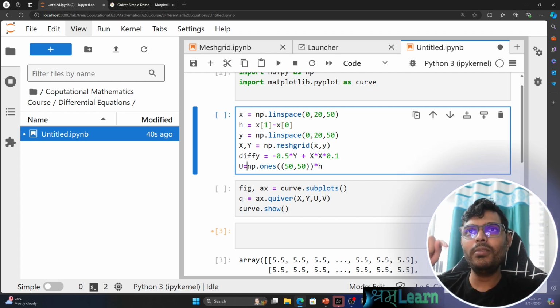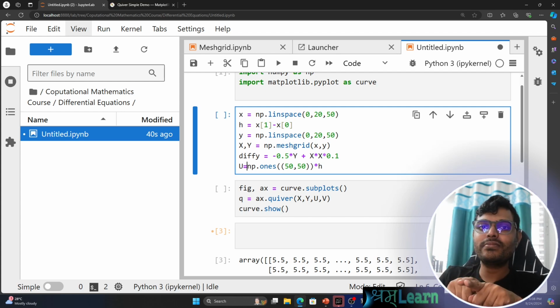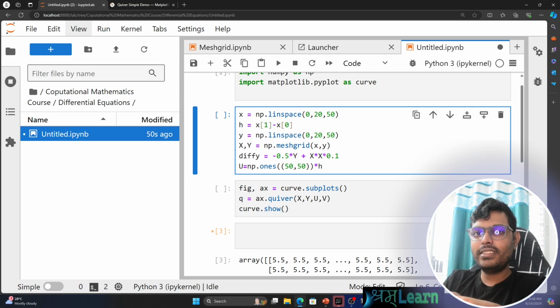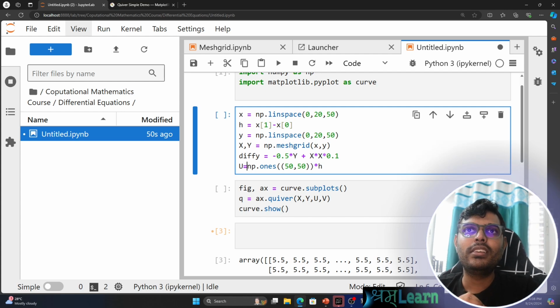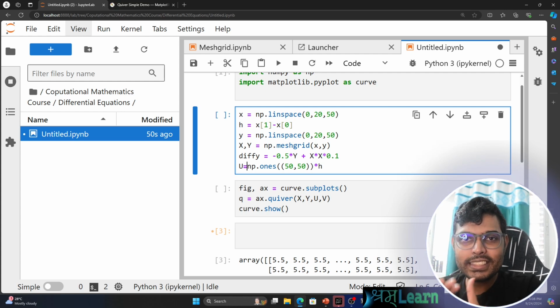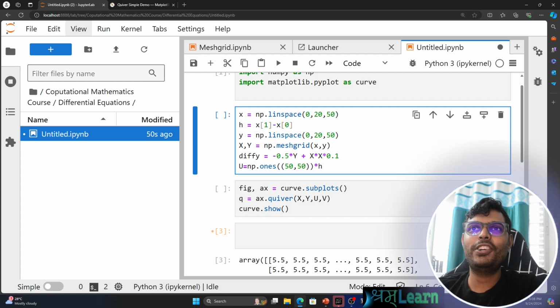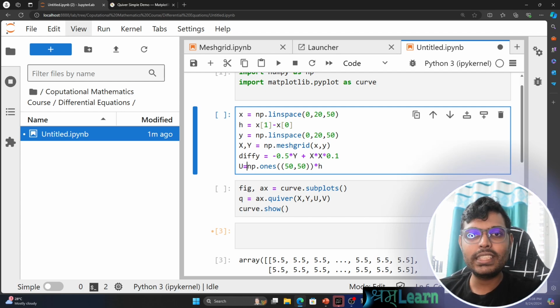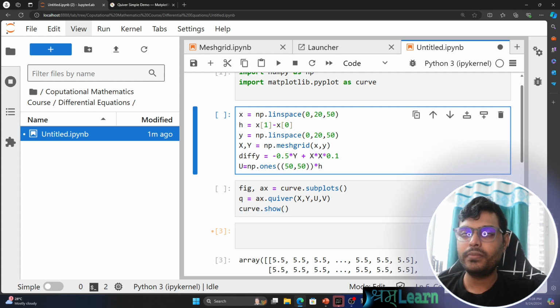So for all points we have h as the vector component along x direction. Is it understandable? If I plot that, then you can have an understanding, and then again if I explain by writing, it would be easy to understand.